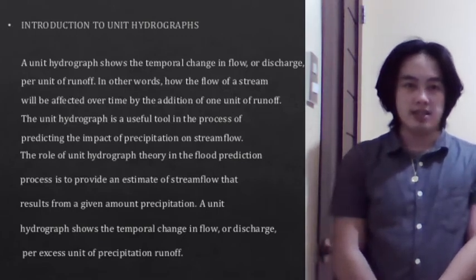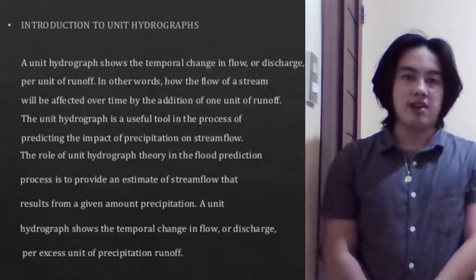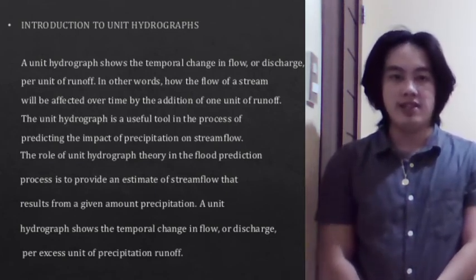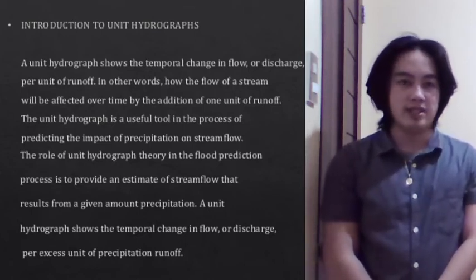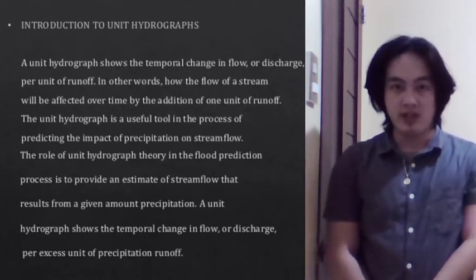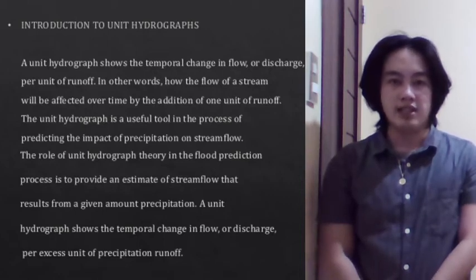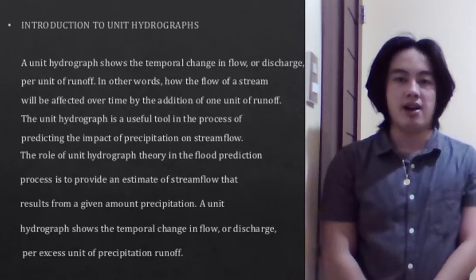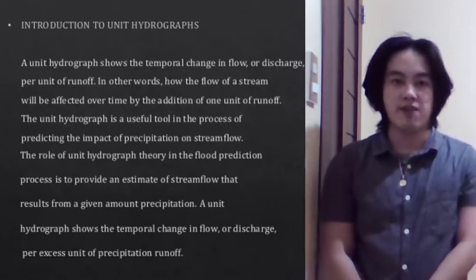Next is the introduction to the unit hydrograph. The unit hydrograph shows the temporal change in the flow or discharge per unit of runoff. In other words, it shows how the flow of a stream is affected over time.